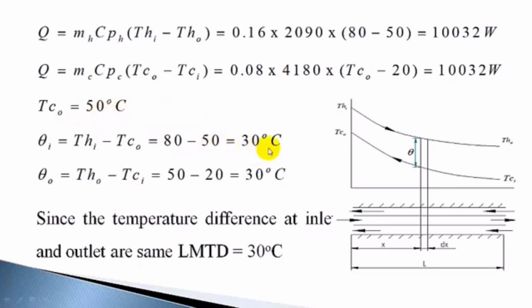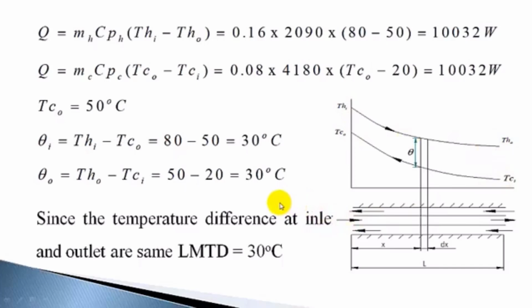So you get the difference as 30 degrees centigrade. Theta naught is the temperature difference at the exit, Tho minus Tci. Substituting Tho 50 and Tci 20, you get 30 degrees centigrade. So both theta i and theta naught are the same, 30 degrees centigrade.